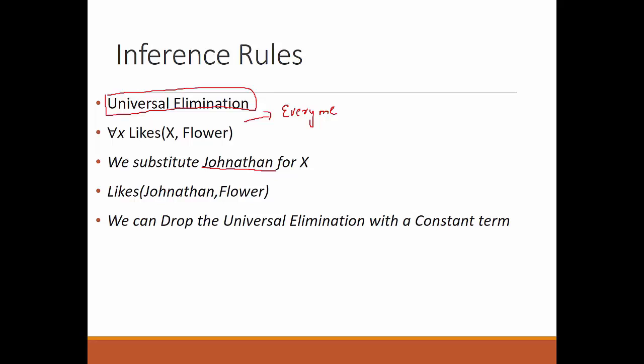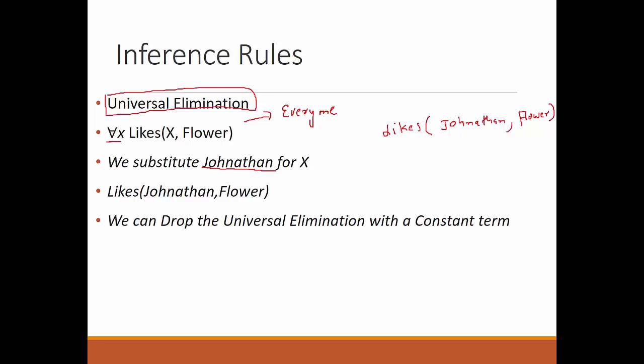Now if we substitute Jonathan for X, this statement becomes Jonathan likes flower. Now there is no point in keeping a universal quantifier here.